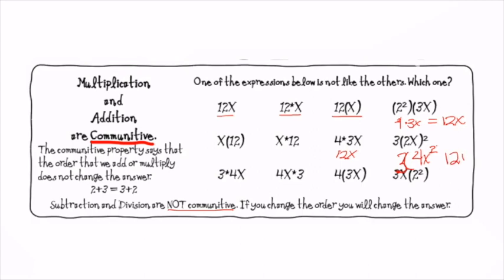That would give us 12x squared. We have 3 times 4x, which is 12x. 4x times 3, still 12x. 4x times 3, and 4 times 3x is 12x. So this is the one that is not the same.